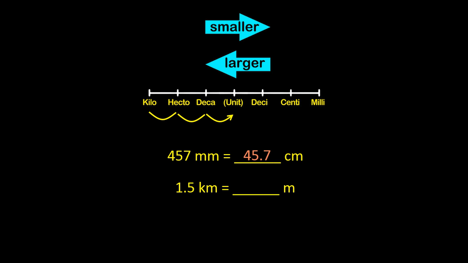We're moving to a smaller unit of measurement, which means we need more of those units to equal the 1.5 kilometer. In fact, we need 1,000 times more for our 3 places that we are moving our decimal. So 1.5 kilometers is 1,500 meters.